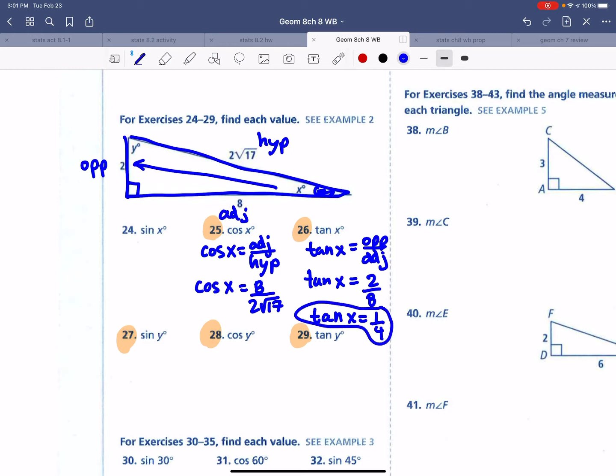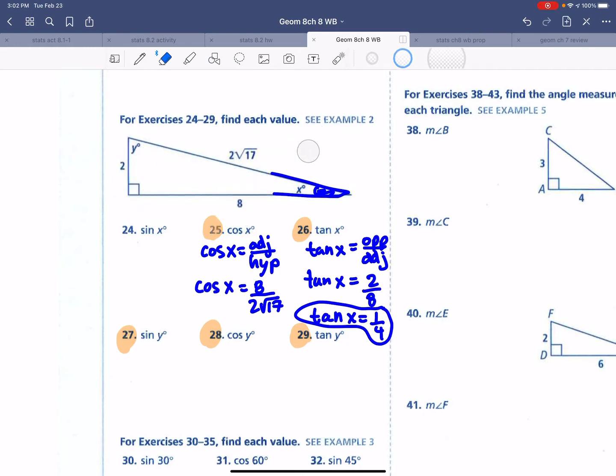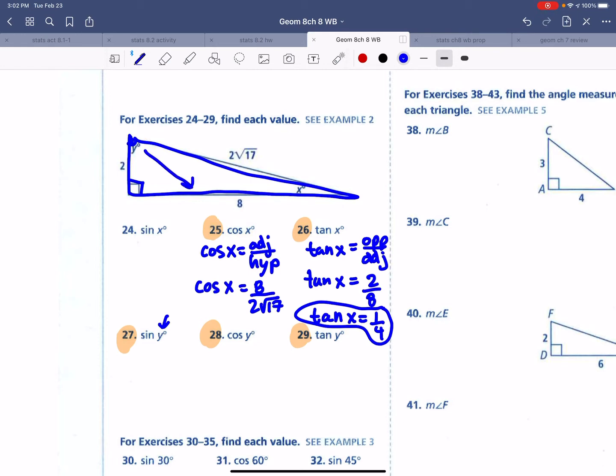So sine of y. Getting out my eraser, I have a different reference angle, and that's going to make all the difference in the world. So I have a right triangle, and they ask me to make the reference angle y. In reference to that angle, this is the opposite, and opposite the box is my hypotenuse, making this my adjacent side.